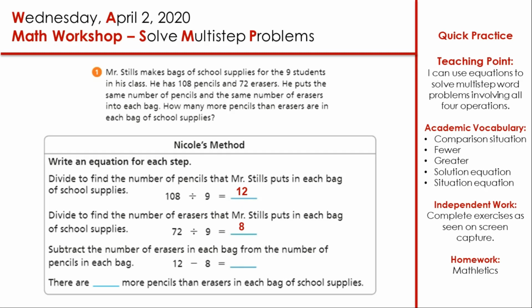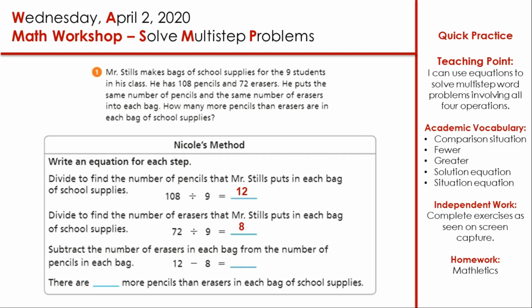Now, since the question is asking me how many more pencils than erasers are in each bag, that means that I'm comparing the 12 pencils that I got in every bag, compared to the 8 erasers that I get in every bag. So if I compare that, I need to subtract in order for me to know how many more.